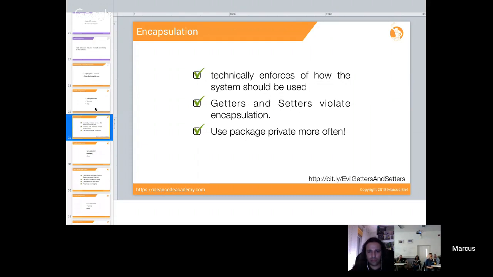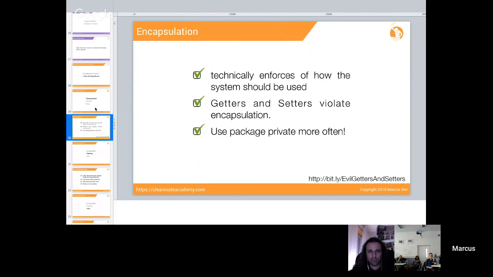We want to build an object-oriented system, right? And this is why we want to provide functionality and we want to hide data. But now if you provide getters and setters that will directly access these fields again, well, you're countering your whole idea of hiding these fields, right? And this is why you should really avoid getters and setters.